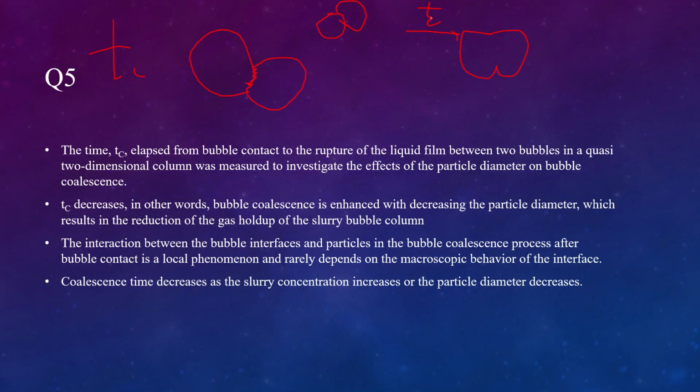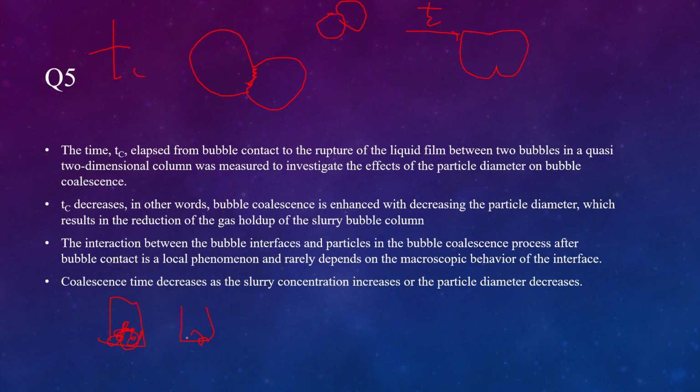So for example, if the slurry concentration is more, what does it mean? The concentration is very high, so the particle packing is more, or the particle diameter is less, right? So the packing fraction would be more in that case. If the slurry concentration is increased or the particle diameter is decreased, what happens?